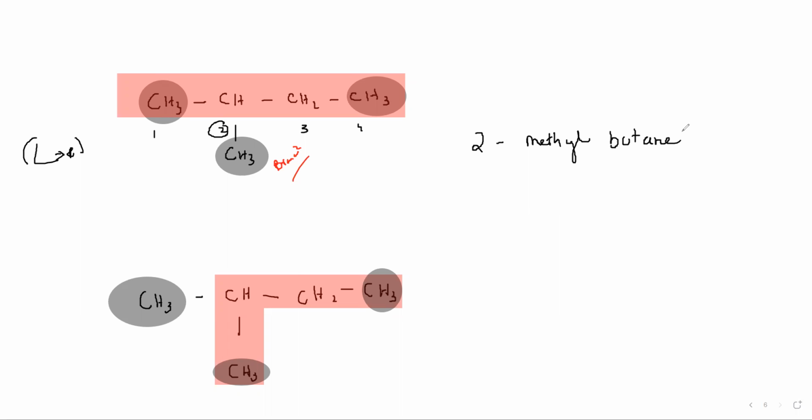So it is 2-methylbutane. Second position, we have a methyl group, and but because there are 4 carbon atoms, and ane because they have a single bond throughout the structure. Is it clear, this example? The name.